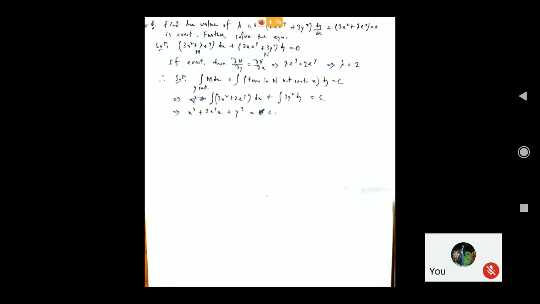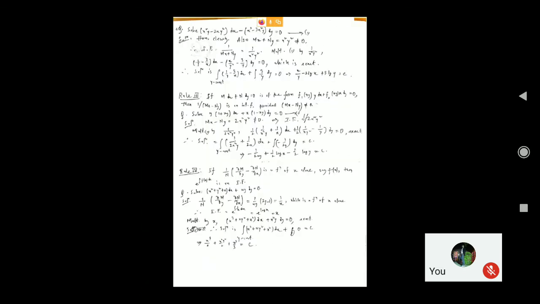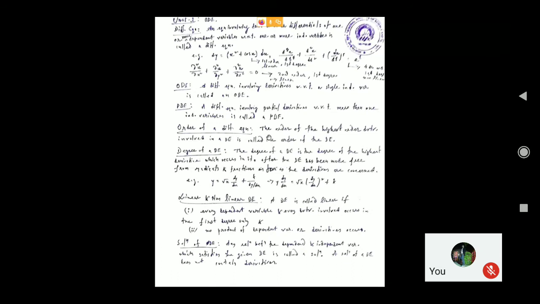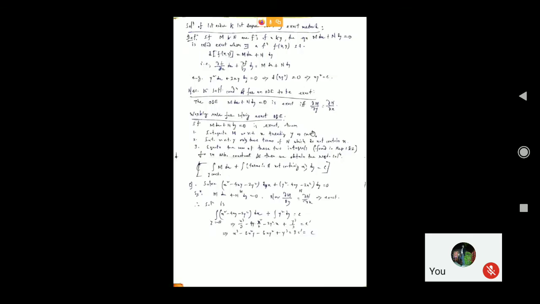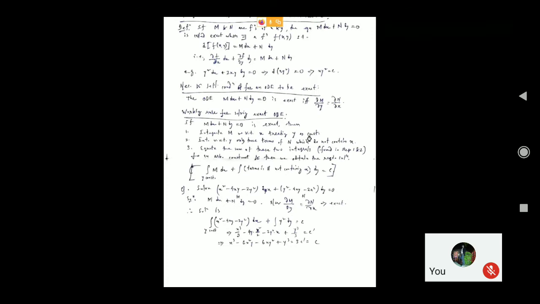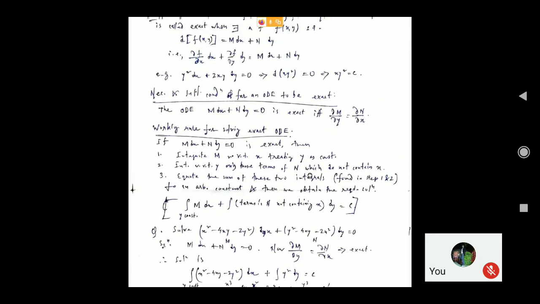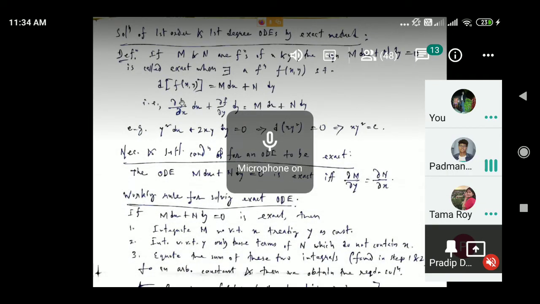Sir, it's not zooming much. Sir, control scroll, sir. Okay. Yes, sir. How is it visible? Better.